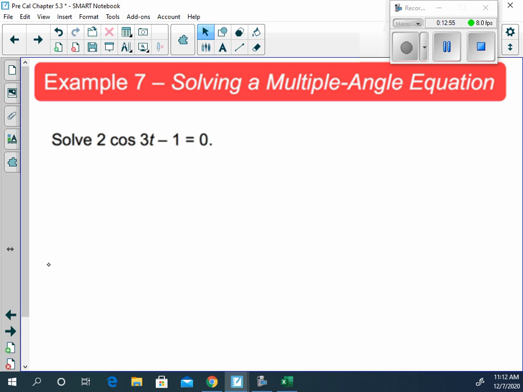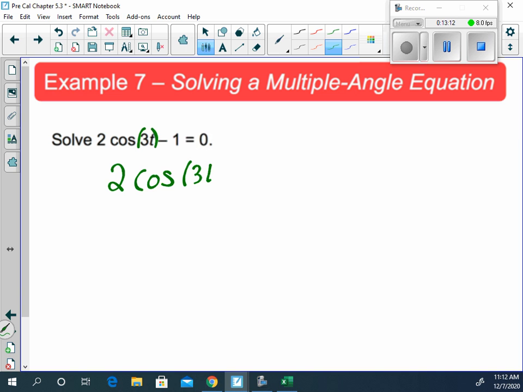Okay. Now the next one we're going to do is this here, solving these with multiple angles. So 3t is inside here. 2 cosine of 3t minus 1. Well, let's get cosine by itself. Yes.